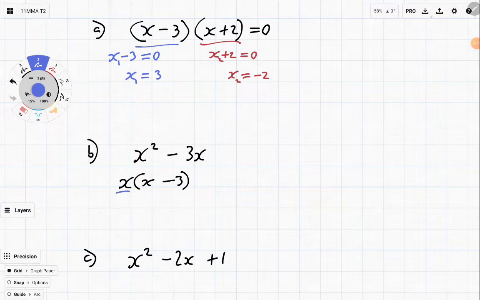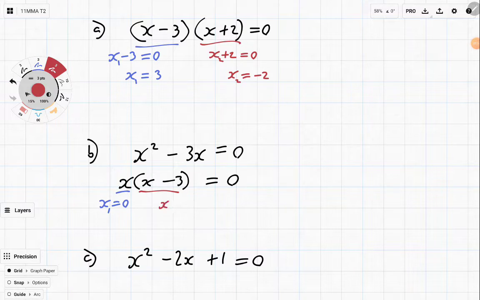Either x is equal to 0, this is all equal to 0, by the way. This only works if it's equal to 0. Null factor law needs that equals to 0. So either x is equal to 0, that's our first solution, or our second solution is that x minus 3 is equal to 0. So therefore x2 would be equal to 3. So those are our two solutions in this case.